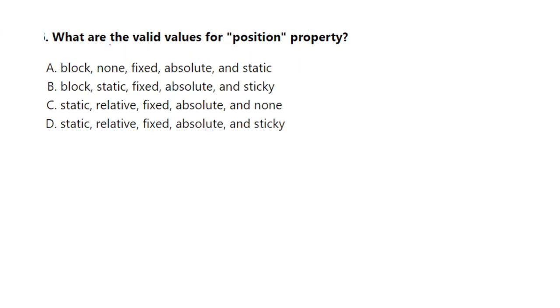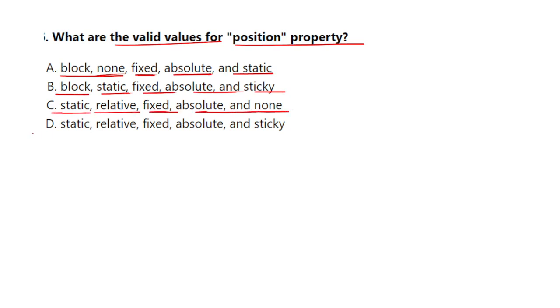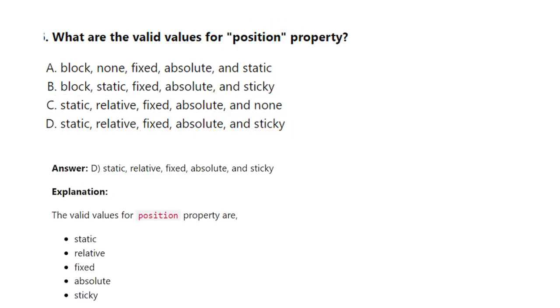Next question is: what are the valid values for the position property? The options are: block, none, fixed, absolute, and static; block, static, fixed, absolute, and sticky; static, relative, fixed, absolute, and none; static, relative, fixed, absolute, or sticky. So for the position property, what you can write is static, relative, fixed, absolute, and sticky.